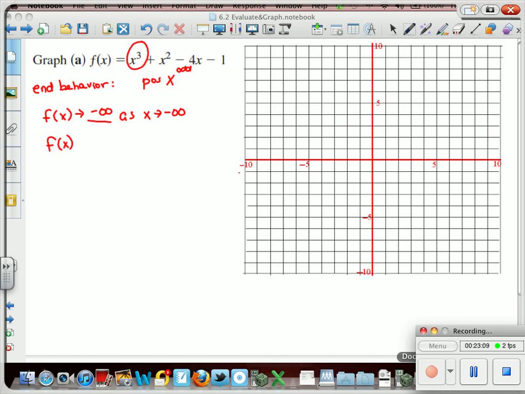And as f of x goes to something, as x goes to positive infinity, it does a little number like this. So it would go to positive infinity. That's your end behavior. Using your knowledge of that, you're going to be able to graph your functions.